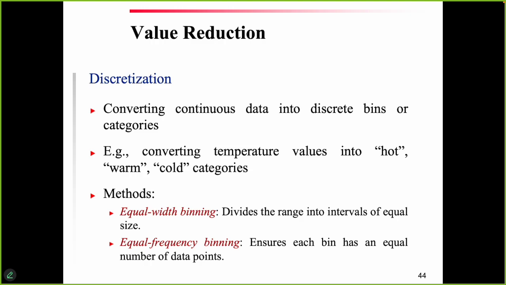We can just put them into categories like cold, warm, hot, cool, and so on. This is actually reducing the number of distinct values in the temperature feature, right? Instead of having thousands of different numbers for temperature, now we can have just a few distinct categories.